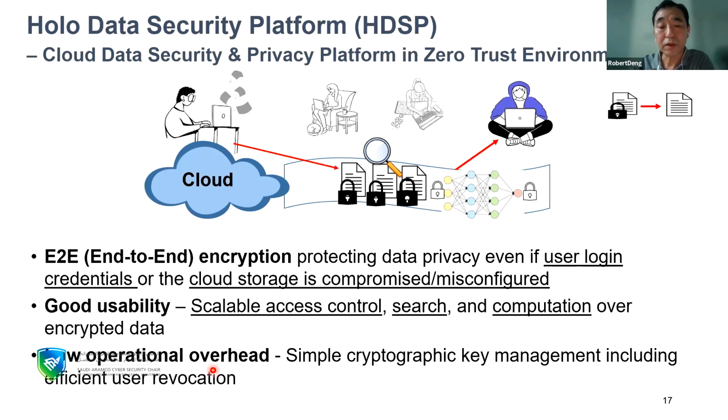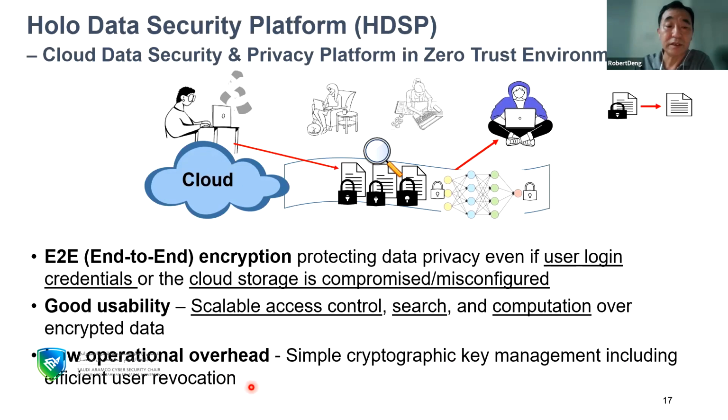The third feature of the system is that it must be friendly to the system admin. So low operation overhead. Your cryptographic key management process must be straightforward and easy. And it must include efficient user revocation. Why efficient user revocation?